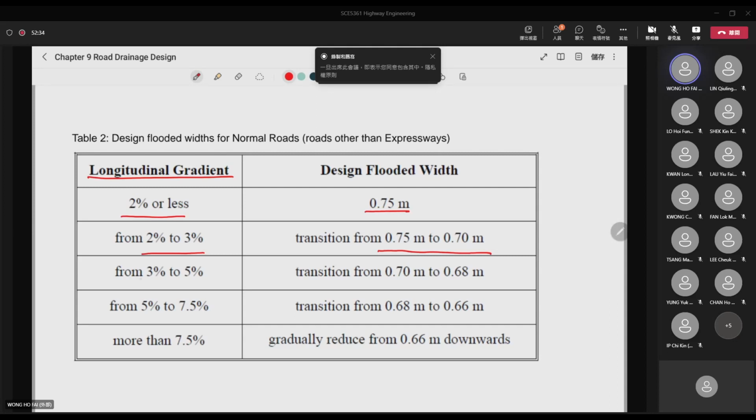And if it is from 3% to 5%, we'll further limit it to 0.8 meter. And if the road is 0.5%, then we will limit the design flooded width to 0.66 meter. So you can see that the gully spacing is related to the longitudinal gradient of the road. Okay?